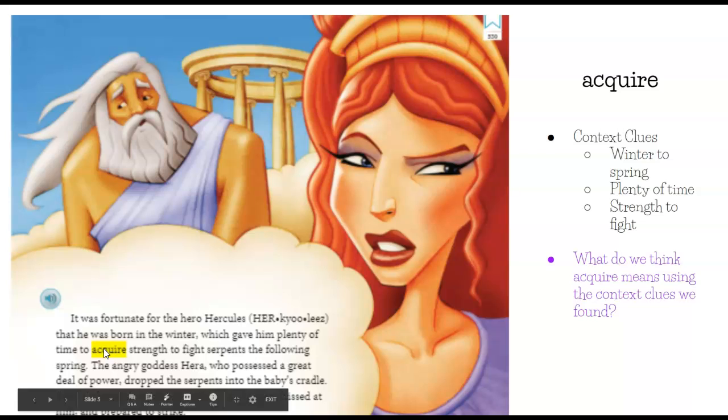So instead of saying acquire, I said which gave him plenty of time to build strength. So that's why I think the word acquire means to build. And that is correct. If you were saying the same thing or you had other things to build, to learn, that would help us with understanding the word acquire.